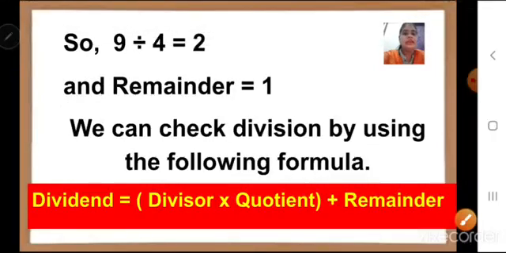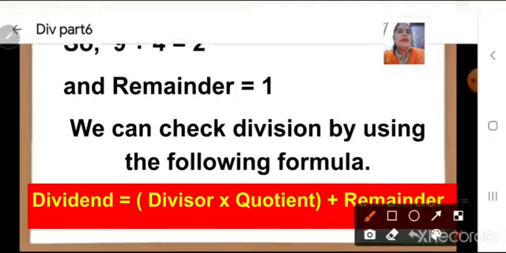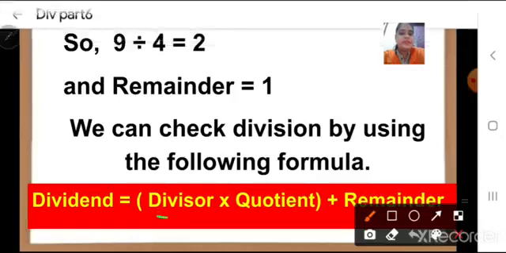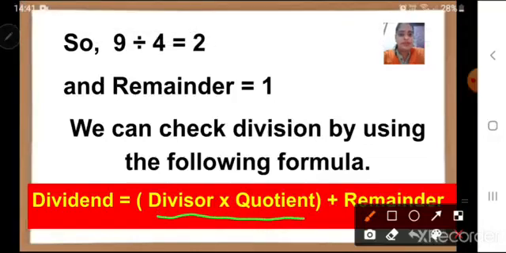The formula is dividend is equal to divisor multiplied by quotient plus remainder. It means that if we multiply the divisor by the quotient and then add the remainder, the answer that we will get is equal to the dividend. So let us find out.